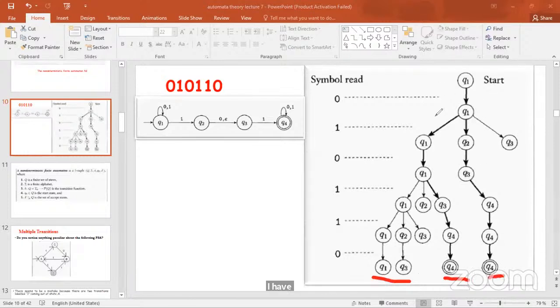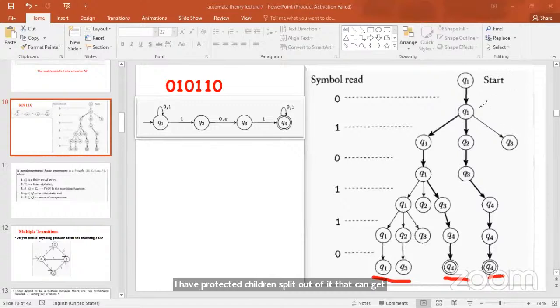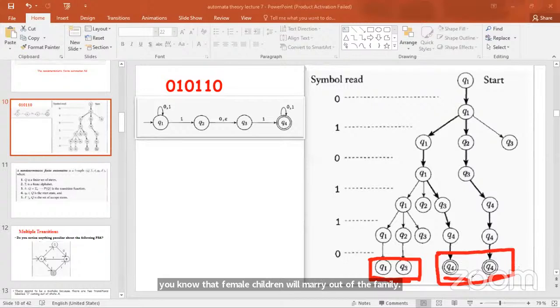Just like parents, they have several children, right? You could have male children and female children. Now, you know that female children will marry out of the family and get other names, but you will still have maybe male children who could bear your name and preserve your name. However, these days, women can also still bear their father's name to preserve their heritage.